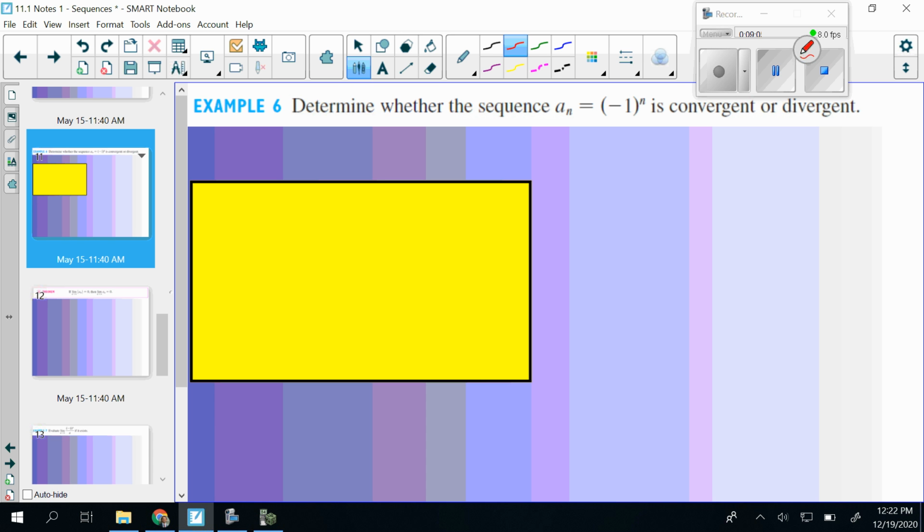If n equals 1, this would be -1 to the 1 power, so the value would be -1. If we did -1 to the next number squared, that'd be -1 times -1, which is +1. If we did -1 to the 3rd power, if we multiply 3 -1s together, we get -1. And you can start seeing the pattern here. It looks like we're just going to alternate between 1 and -1.